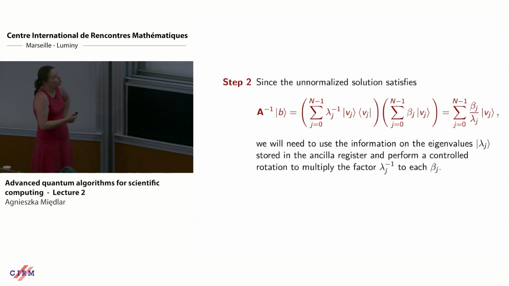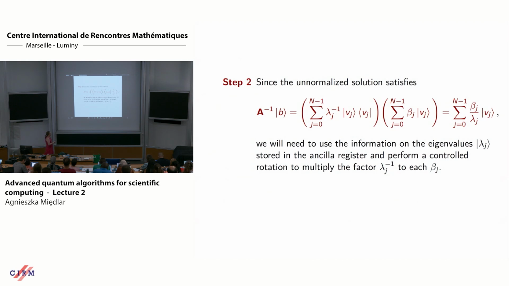So you need to use the information of the eigenvalues, which will be stored in the ancilla register. Since we don't have a possibility of copying things whenever we want, we need to deal with the ancilla register. And you have to perform a controlled rotation to multiply the factor to each beta j.